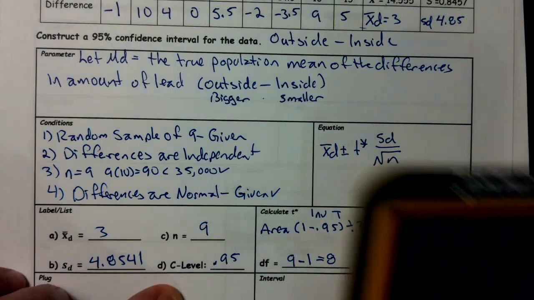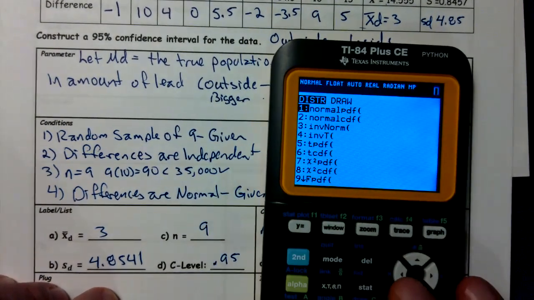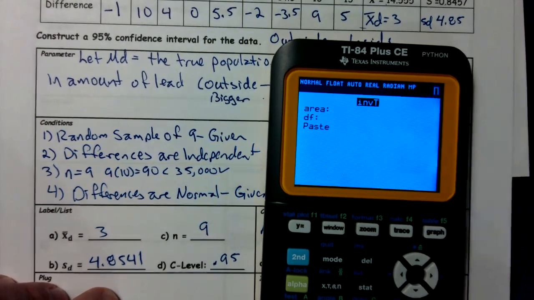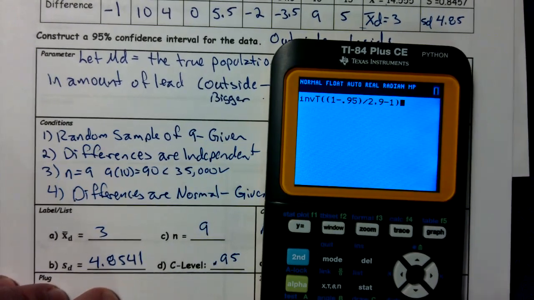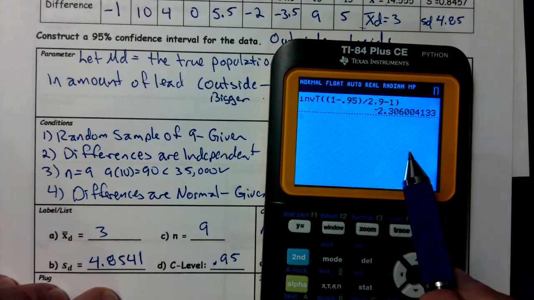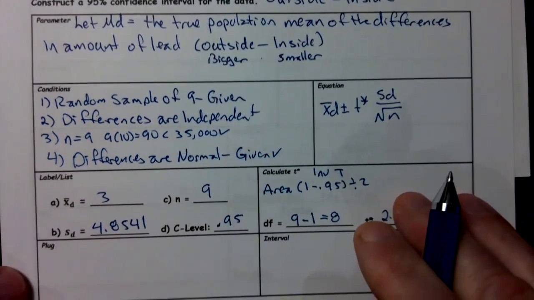So let's go to our calculator and run that. So second vars, inverse t, parenthesis 1 minus 0.95, close parenthesis, divided by 2, degrees of freedom, 9 minus 1. And we get 2.3060. Please make it positive. 2.3060.